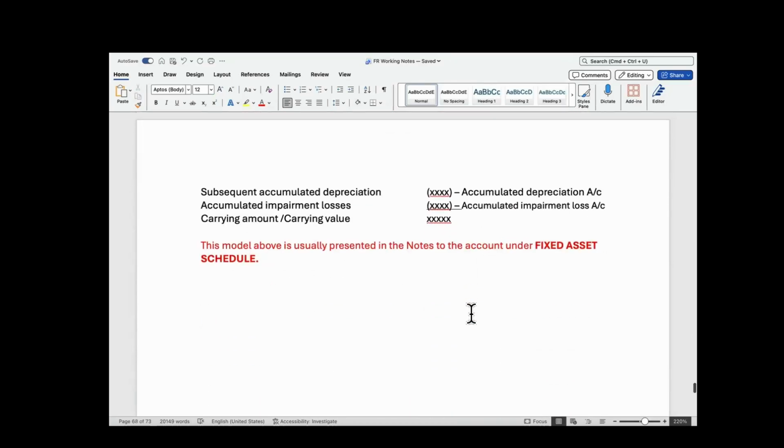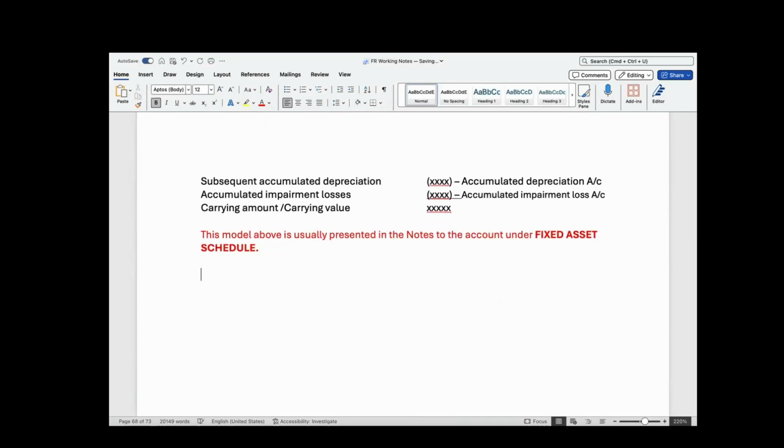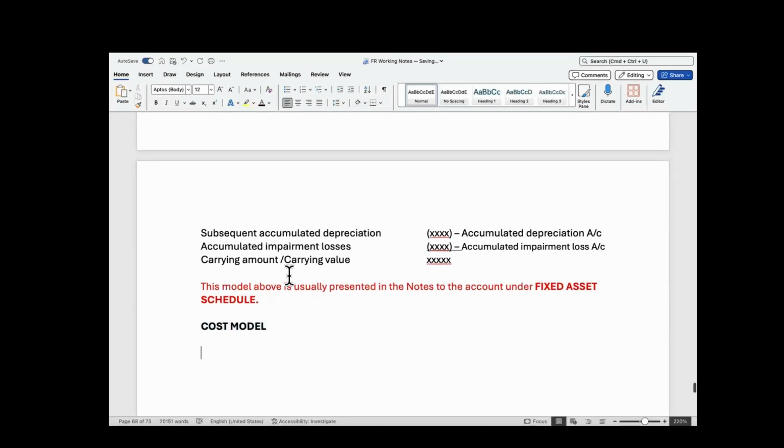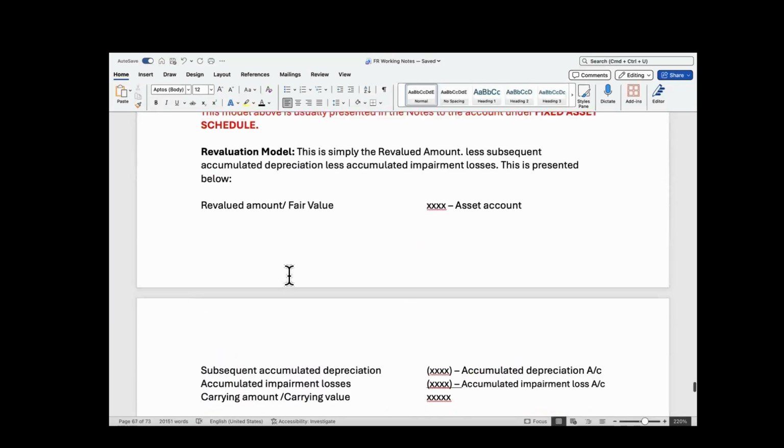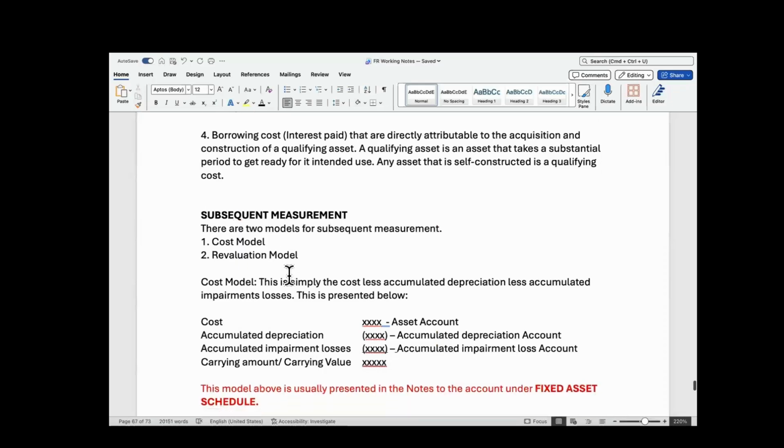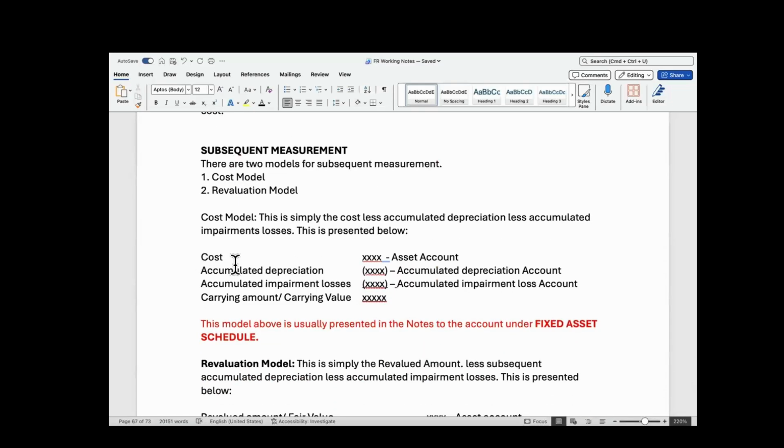So now, let me go back to the cost model first. Now, this cost model here, you can see the way it is computed.